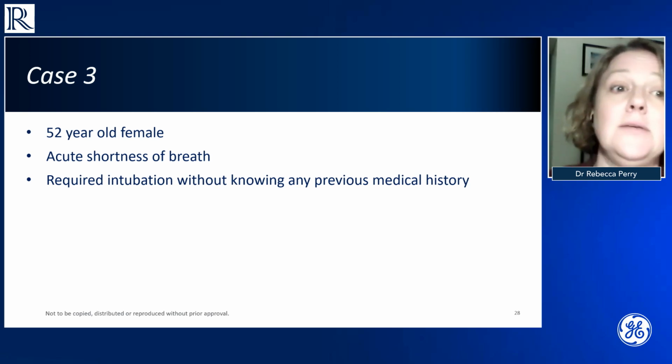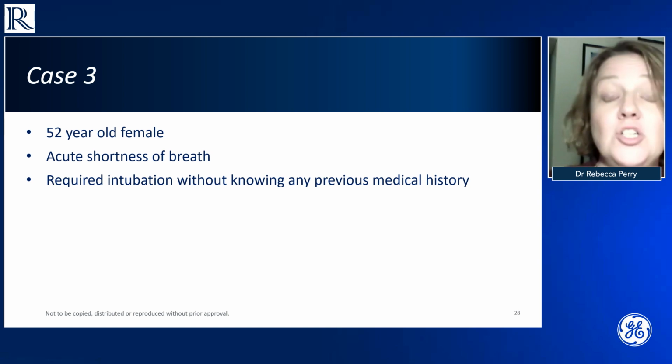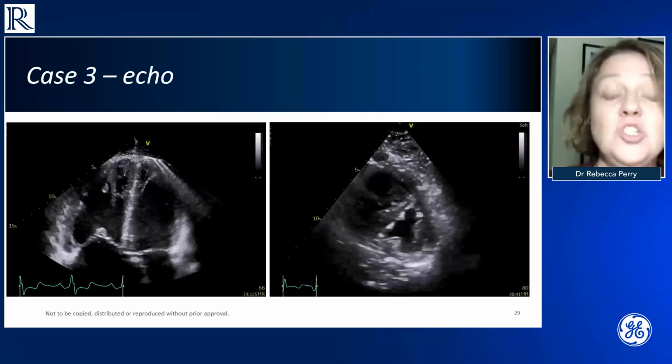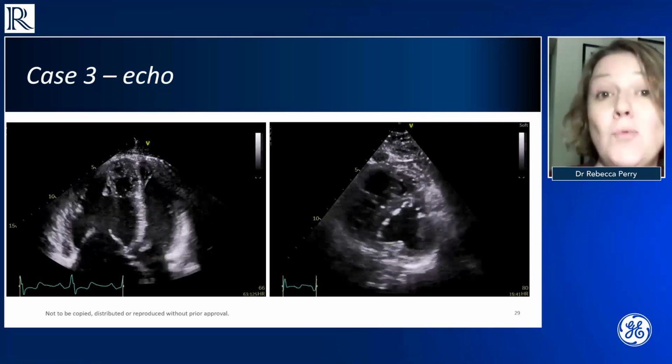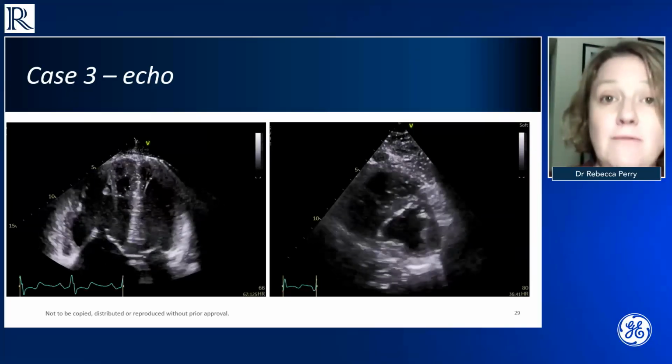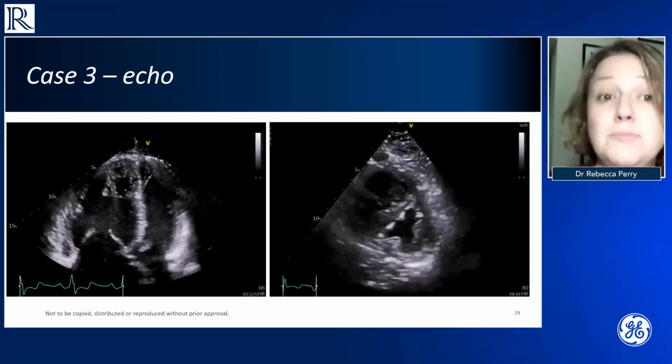So the next case I want to show you is a 52-year-old female who had acute shortness of breath. She required intubation on admission to hospital, and no one was able to get a prior medical history on her. So essentially they wanted the echo because they didn't know what was going on. So you can see here that she's got a big right ventricle and she's got abnormal septal motion.